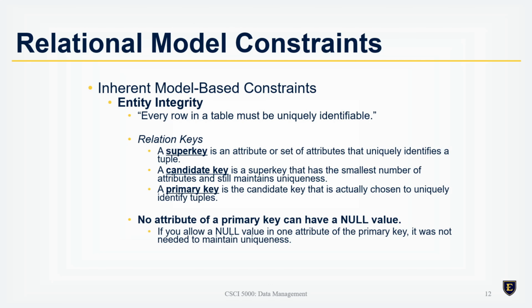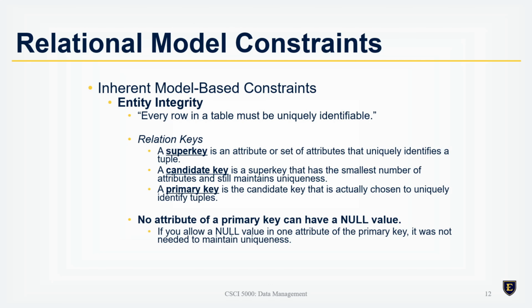So let's take a look at this in an example here. We have a candidate key called roll number, and we have a candidate key called registration number. Those two are candidate keys because we see that roll number is unique across all records within this table, and registration number also is unique across all rows within this relation or table.